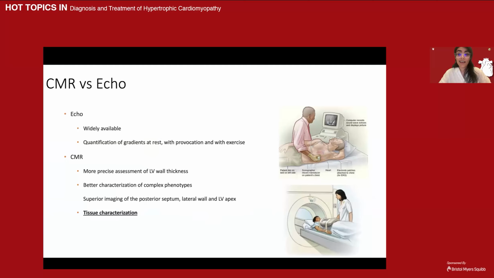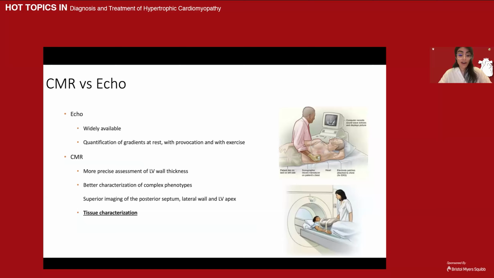Now, it's important to emphasize that this is not an either-or discussion. In reality, echo and CMR are complementary modalities. Echo remains the cornerstone of initial assessment because it's widely available and provides excellent hemodynamic information, specifically with quantification of LVOT gradients at rest or with provocation.